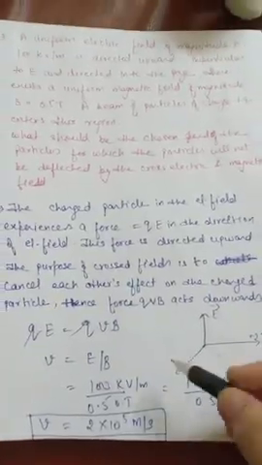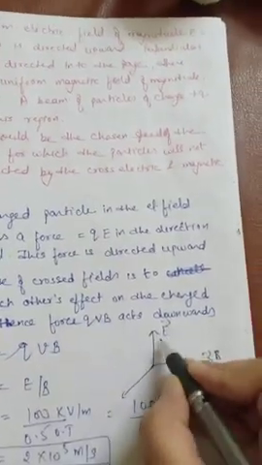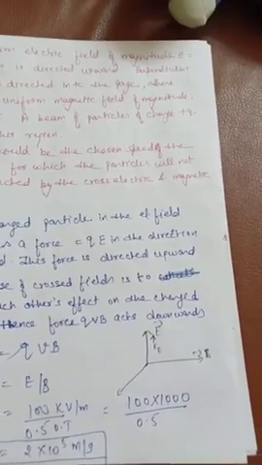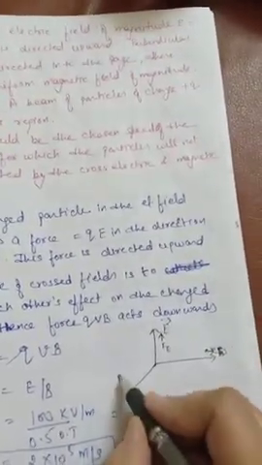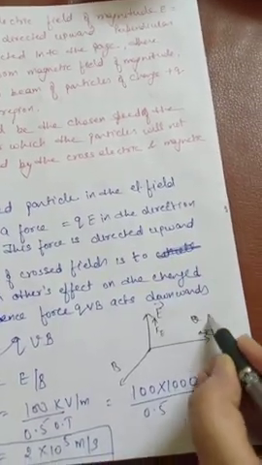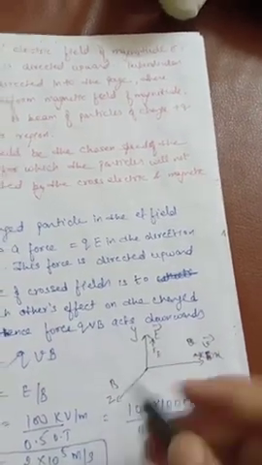So before going to solve this question, let us understand it one more time. If electric field is in this direction, then electric force is also in this direction, right? For the magnetic field, consider magnetic field in this direction and velocity in this direction, x direction, y direction, z direction.